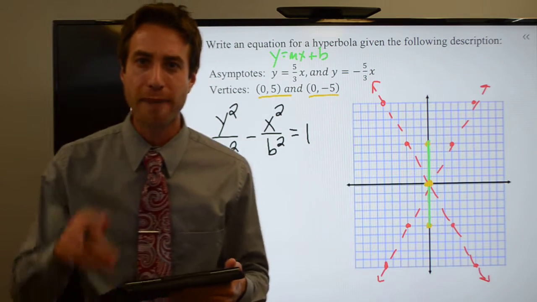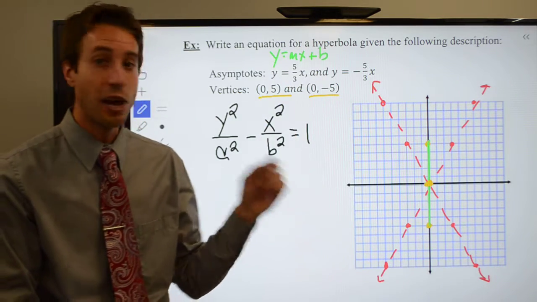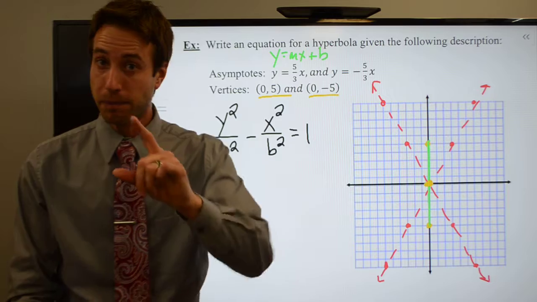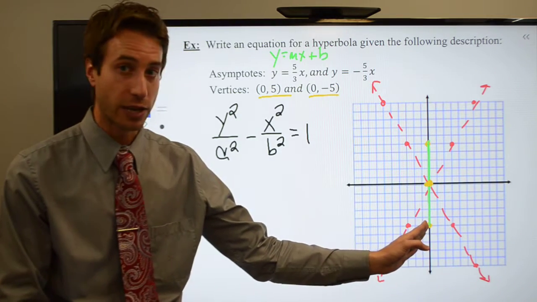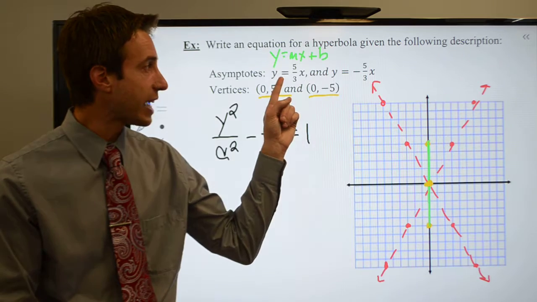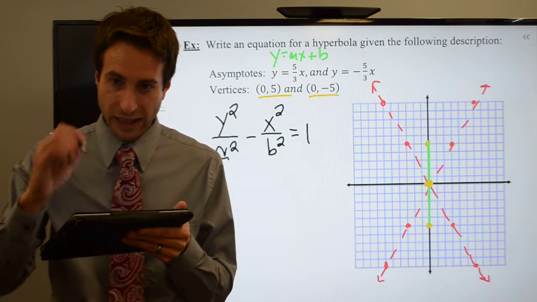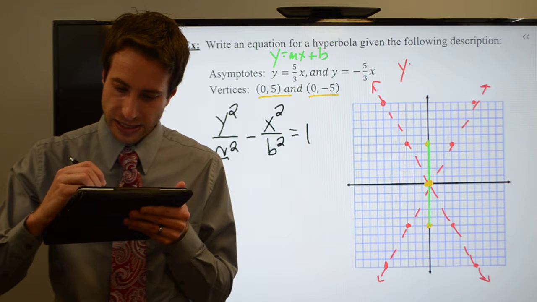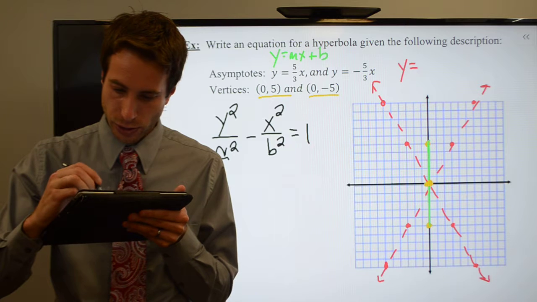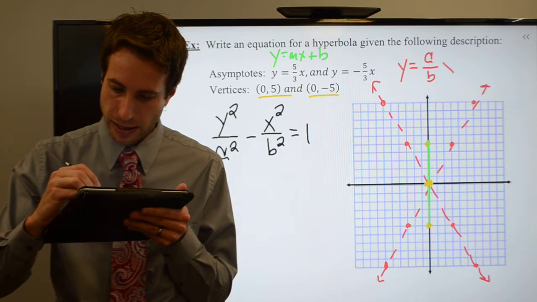How do I know that? Well, check this out. Go to the formula sheet and find, for a hyperbola centered at the origin, aligned vertically, what is the equation for finding the asymptote? Well, you're going to get that y is equal to a over b x.